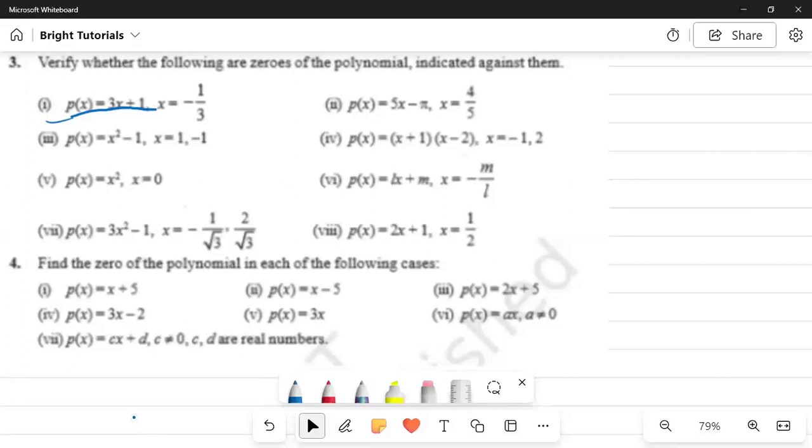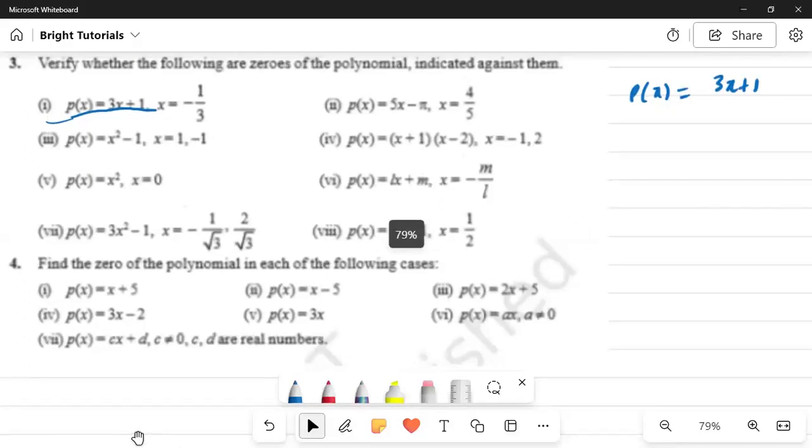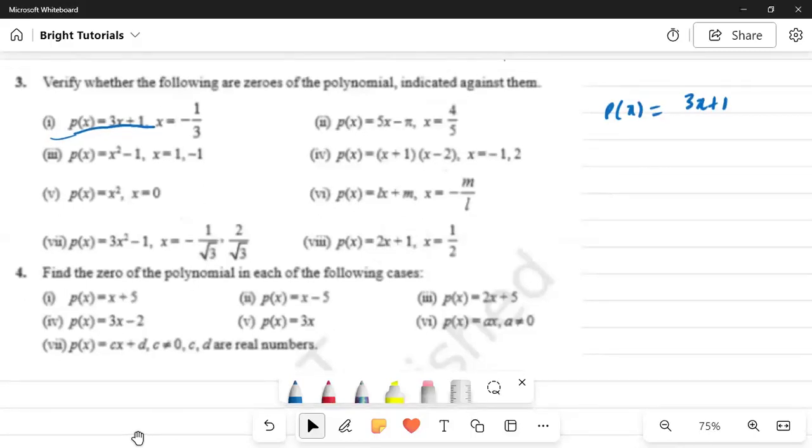Here the polynomial is given, p(x) is equal to 3x plus 1, and we have to check whether x equal to minus 1 by 3 is the zero of this polynomial or not. How can we check? We just put the value of x here as minus 1 by 3. When we put x equal to minus 1 by 3, we get 3 times minus 1 by 3 plus 1. The 3 will be cancelled out with this 3.